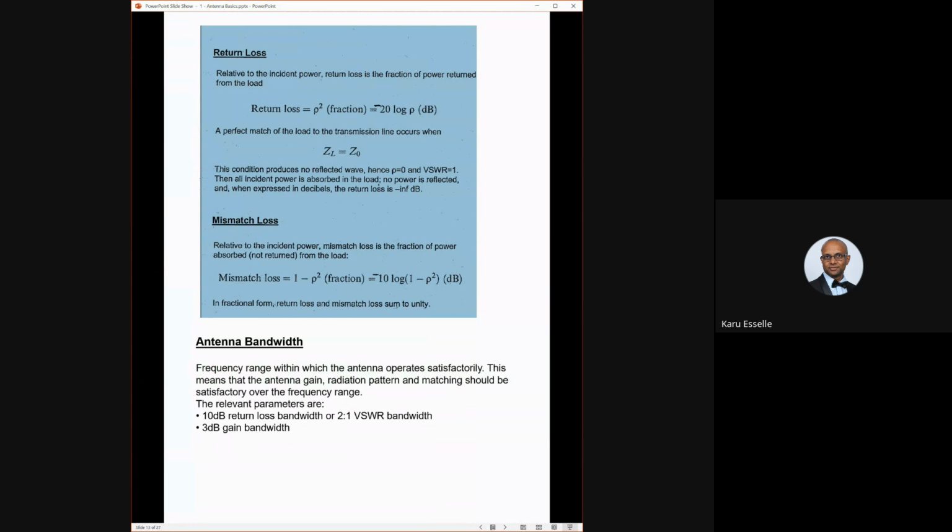Right? That is the 3 dB gain bandwidth. Likewise, you can define 3 dB directivity bandwidth, etc. Radiation pattern is difficult to define because its nature is not just one number, but you should be careful about variation of radiation pattern in some applications.